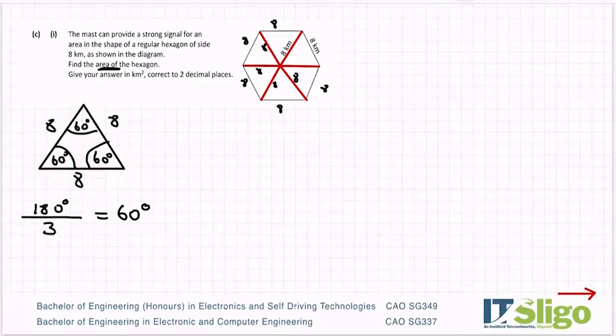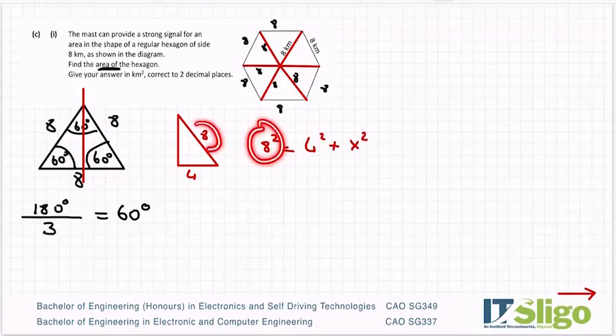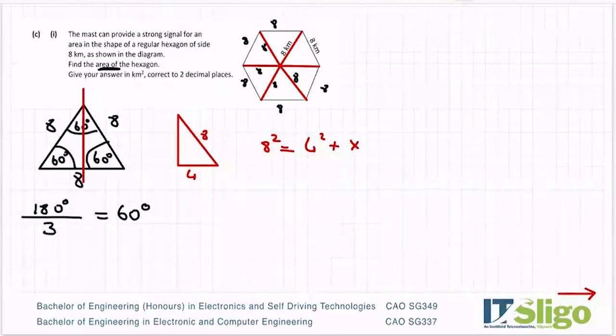So drop a perpendicular if you wish, and then you end up creating that triangle, which is 4 and 8, and then using Pythagoras' Theorem. Remember the hypotenuse always has to be the side on the outside. It's always your c squared. So 8 squared, 64, is equal to 16 plus x squared. 64 minus 16 is equal to x squared.